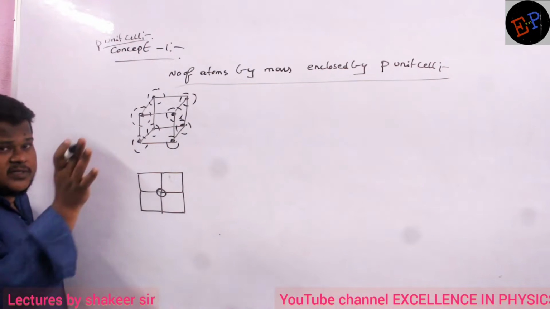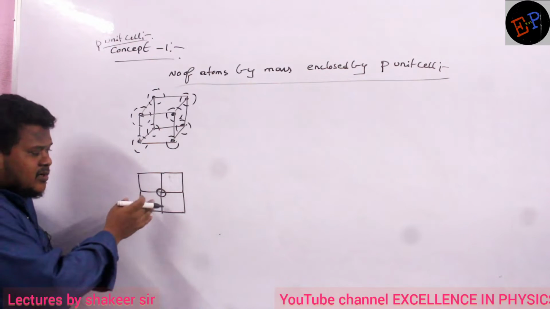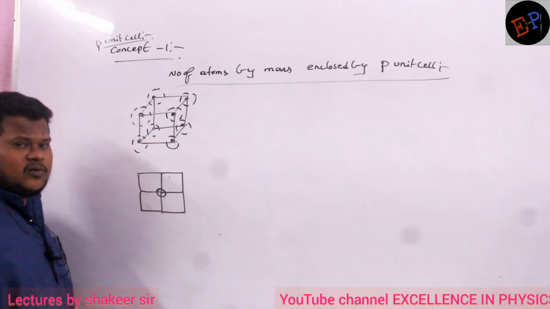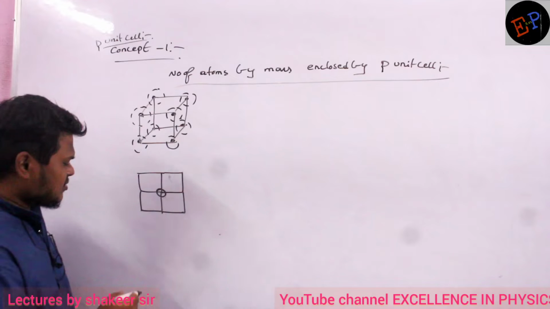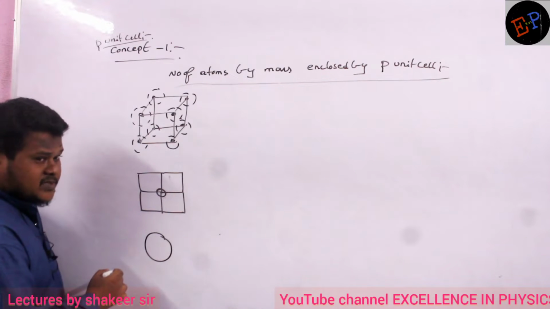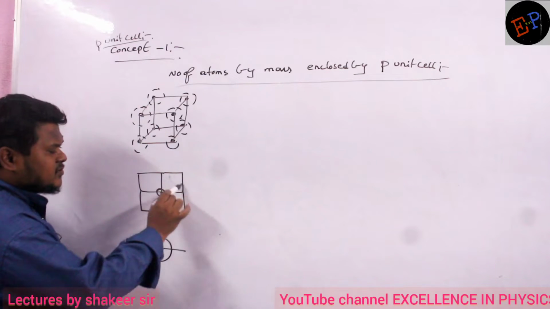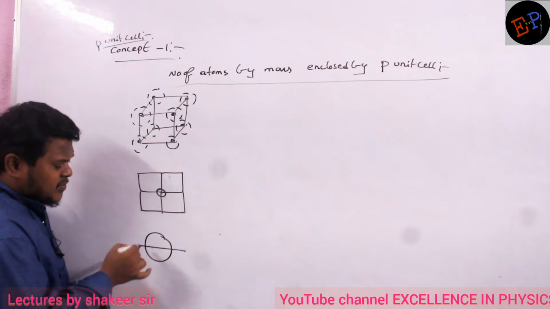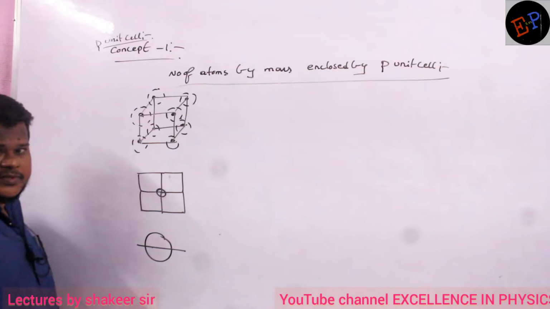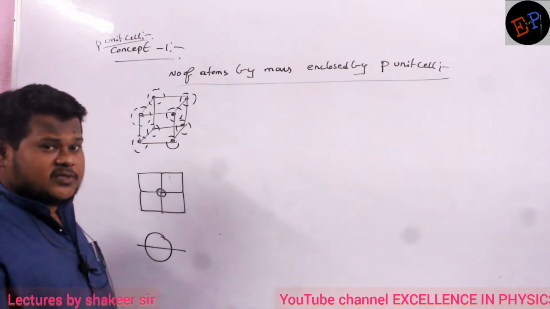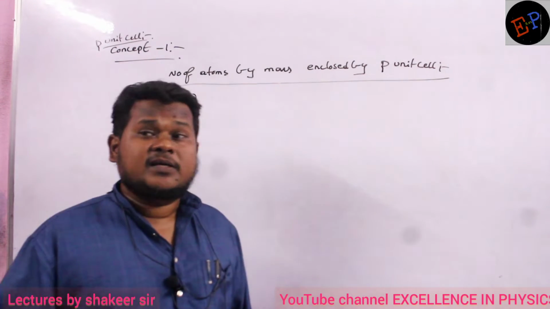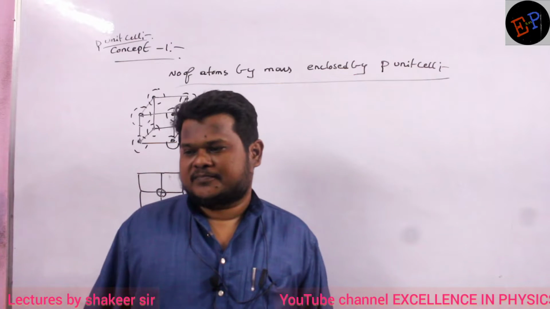Half of the atom touches the above 4 unit cells, and the lower half of the atom touches the lower 4 unit cells. If you make the atom into 2 parts, the upper part is touching 4 unit cells, the lower part is also touching 4 unit cells. So this corner atom can touch how many unit cells? 8 unit cells it can touch.